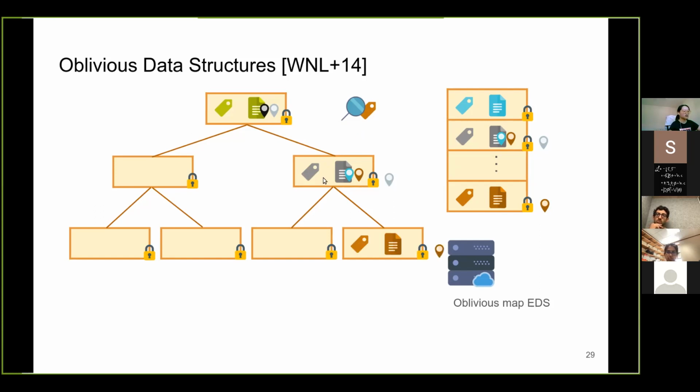It finds the brown tag is larger than the silver tag, and will go to the right path and retrieve the block indicated by the brown position tag, and then find the matched tag.